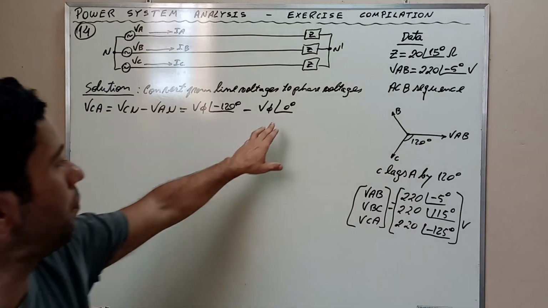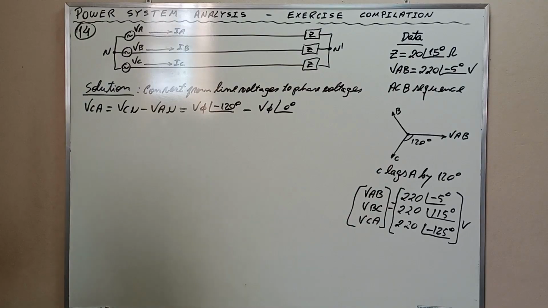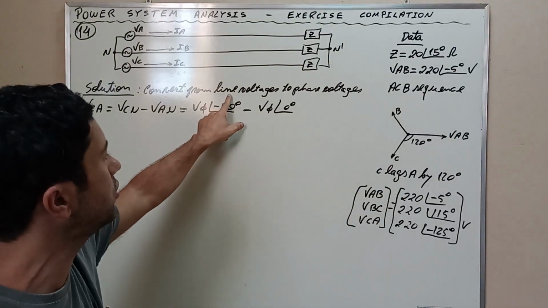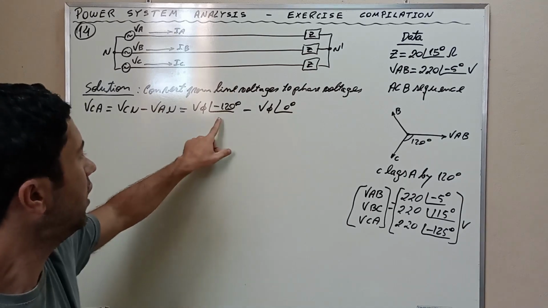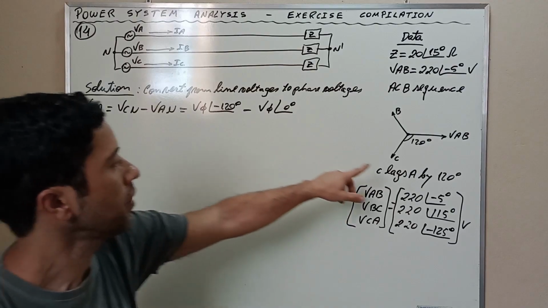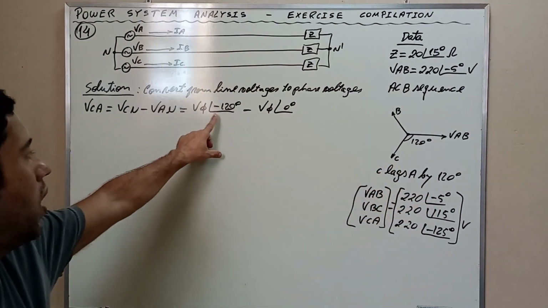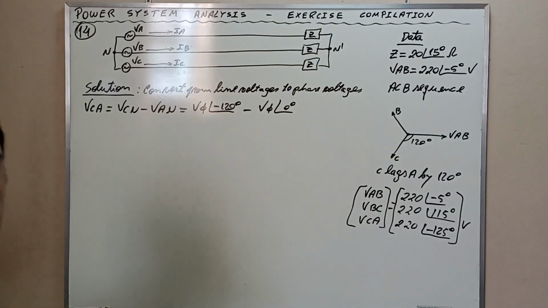Don't worry much about the angle of VAN, because here I just want to explain to you how to convert from line voltages to phase voltages. This is not important. What's most important is that C lags A by 120 degrees. That's why I put negative 120 degrees here. When I finish calculating this, you are going to understand the purpose, alright?